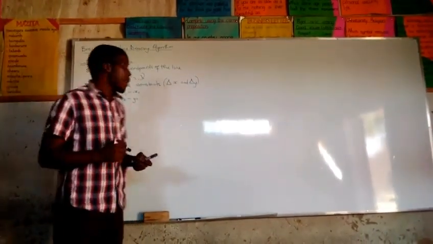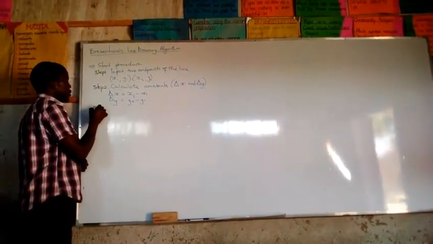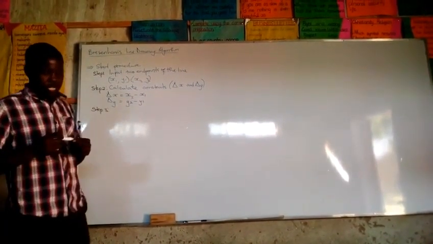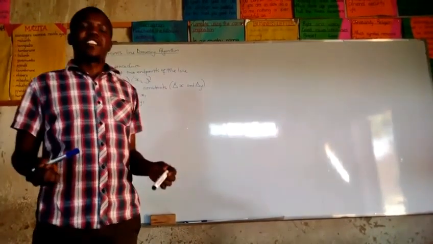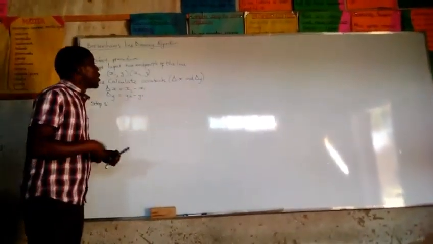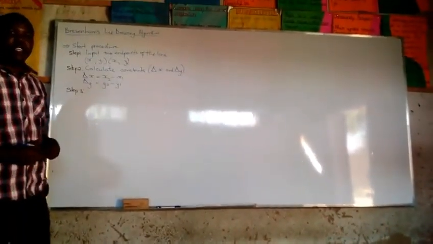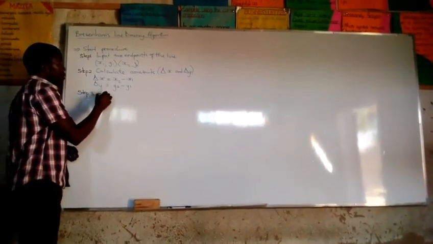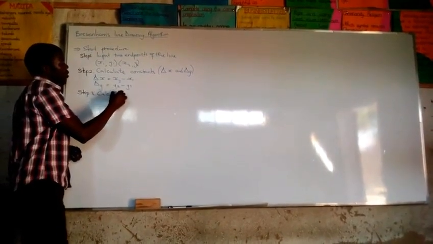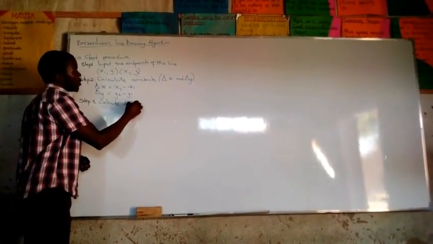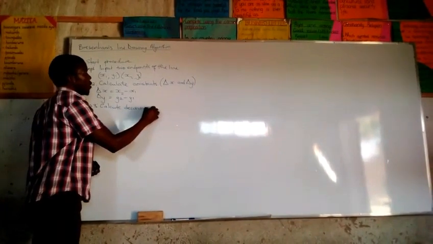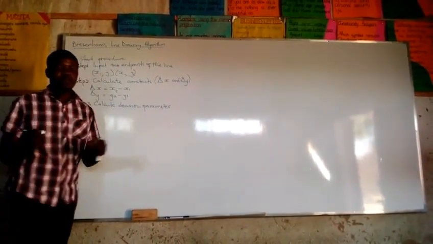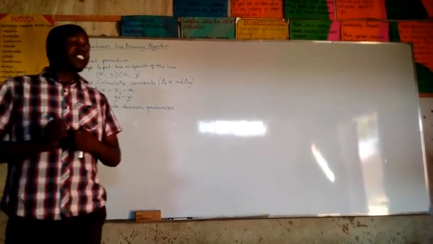Step number 3. You are now calculating the decision parameter that we use to find the next coordinates of a line. So, step 3 would say calculate decision parameter.